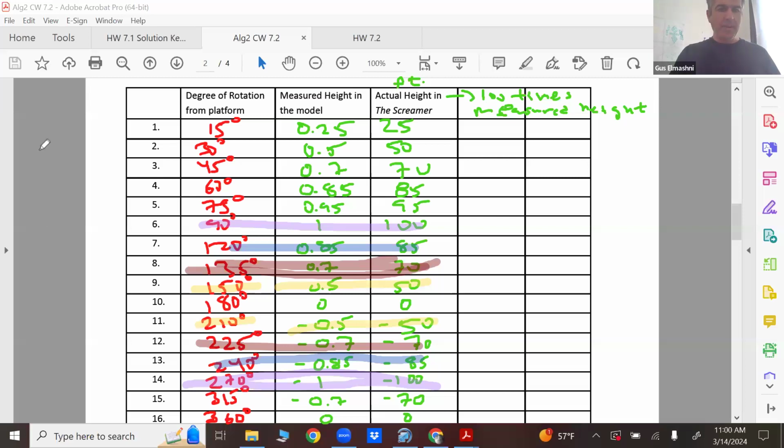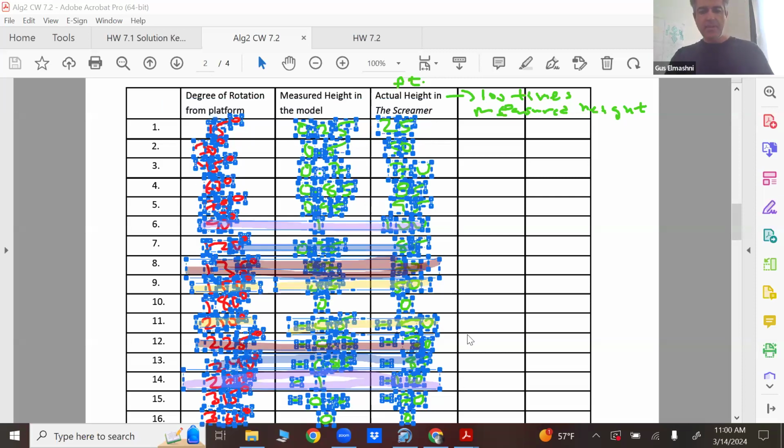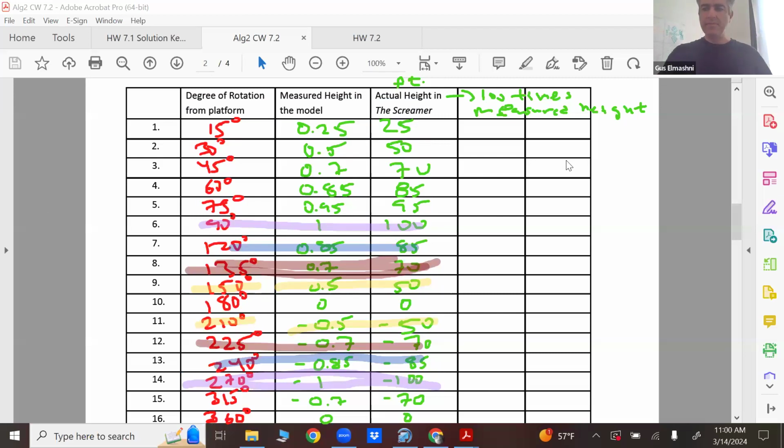Let me copy. 0 is 180. I'll paste that in just a sec. I'll let you copy if you're still copying.